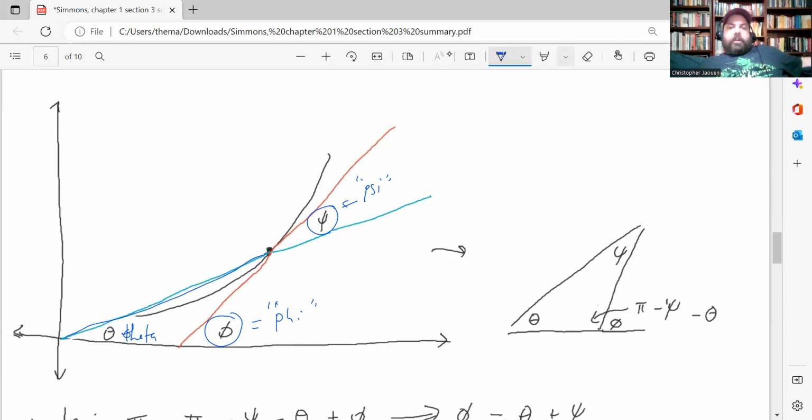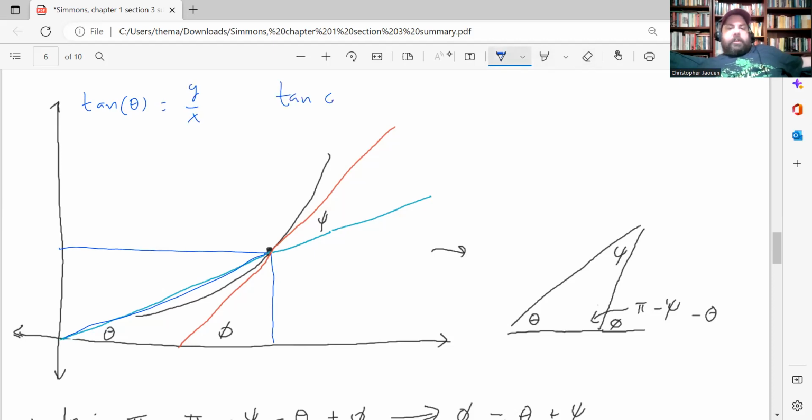All right, so just so we can see how everything is related here, tangent of theta is y over x. Tangent of phi is dy d theta divided by dx d theta.